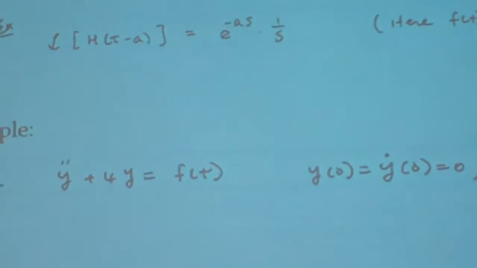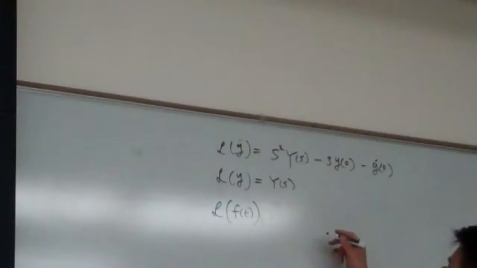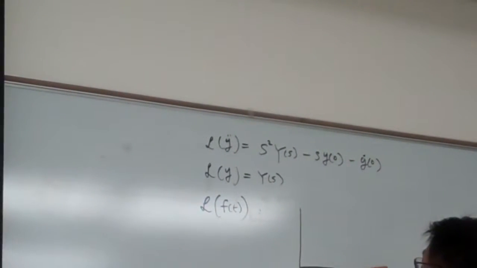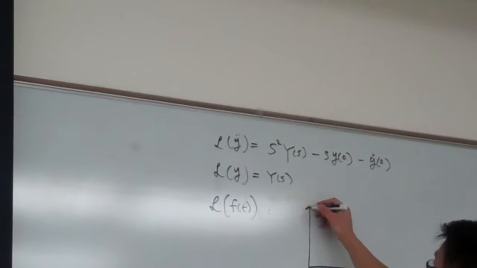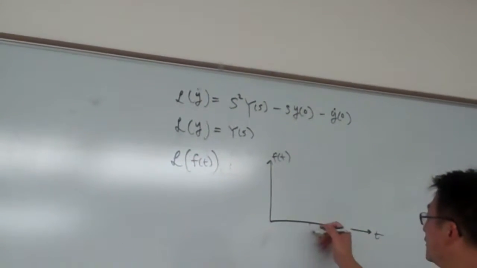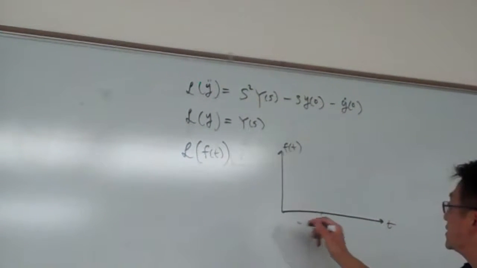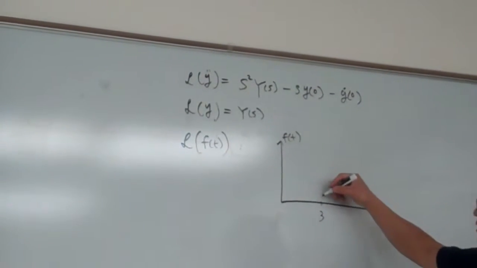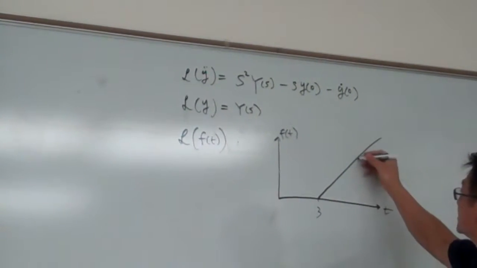Right now I'm trying to get the Laplace transform of this one. So f of t is described by this. Let me draw it here. This is the time domain, and here is f of t. f of t equals 0 before the time equals 3. So basically f of t is like this.